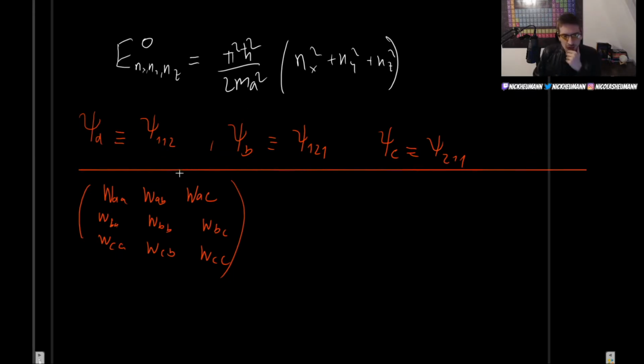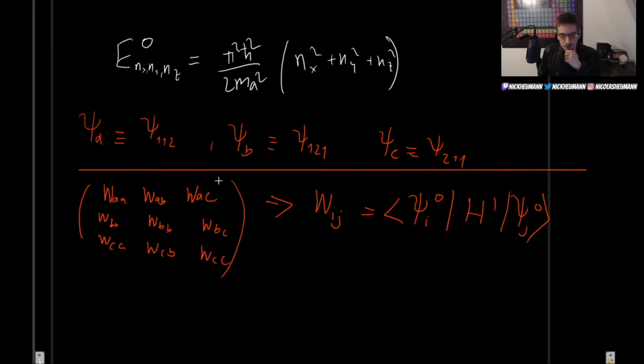Okay, so moving forward, we need to calculate each one of these matrix elements. And as a reminder, we defined Wij, in the general case, as the matrix element, or basically the sandwich here in the inner product between psi I0, the perturbation, and psi J0. Okay, so for example, what would WAA be?